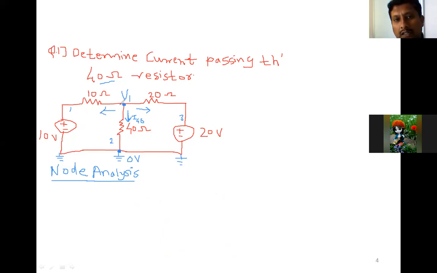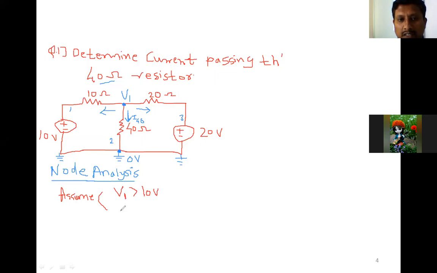So here all 3 directions are outgoing, and these directions will be correct, whatever we assumed outgoing, if we are assuming like this. Assume V1 is greater than 10 volt for the first branch.